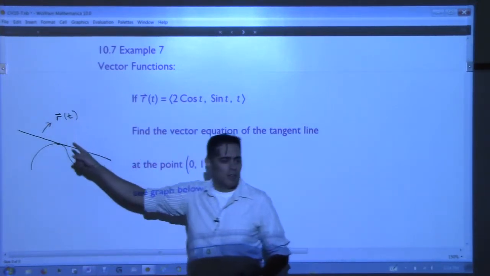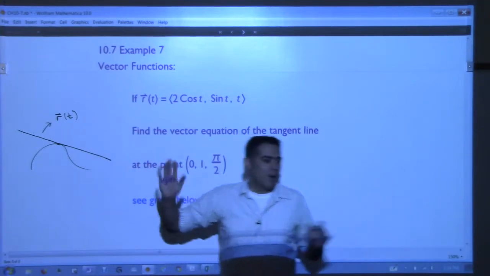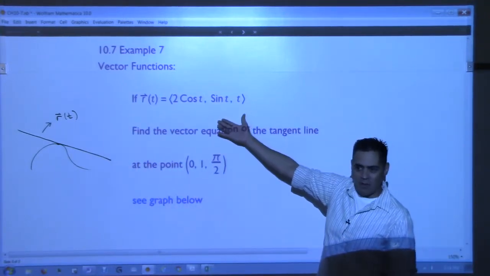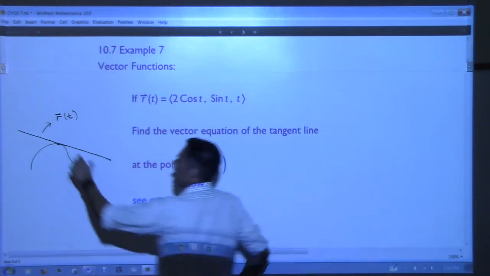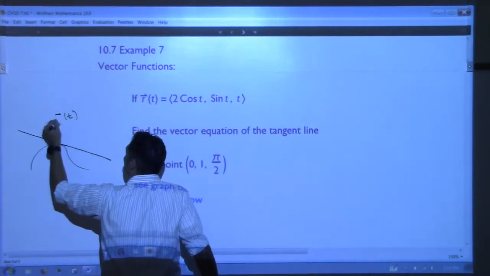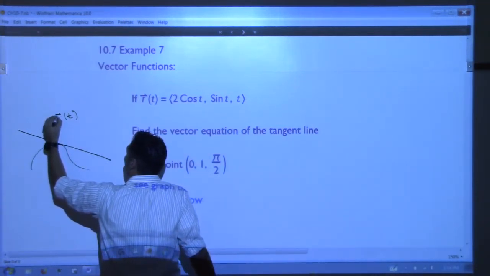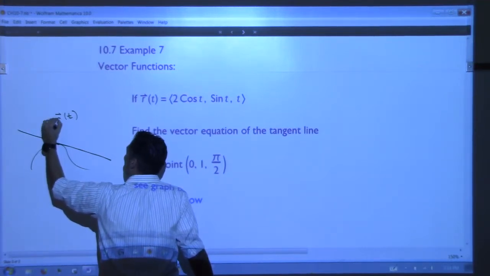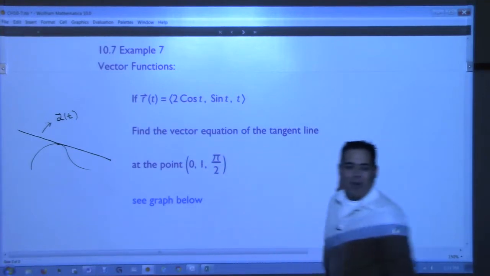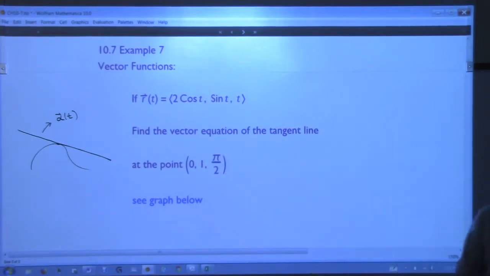Remember, vector equation looks like that. Now, I can't use r of t, because I'm already using r of t for this, right? So why don't we call it, I don't know, D of t. I don't care. All right, we'll call it D of t instead of r of t.